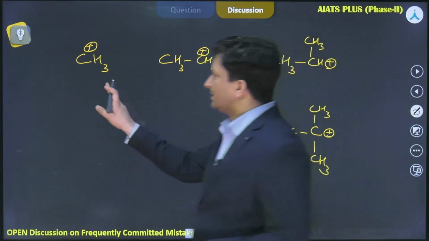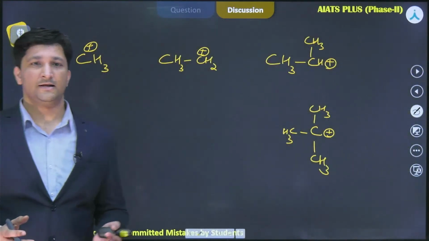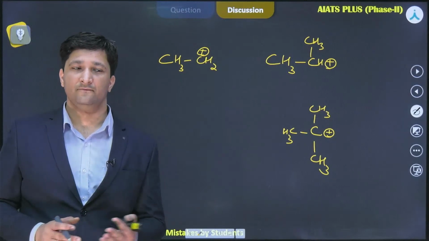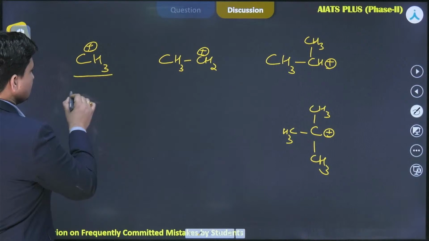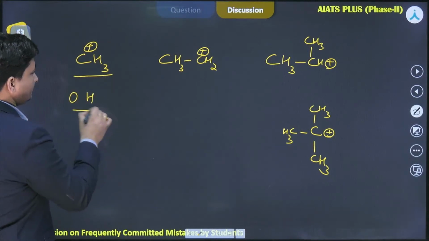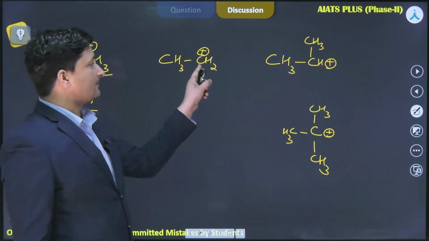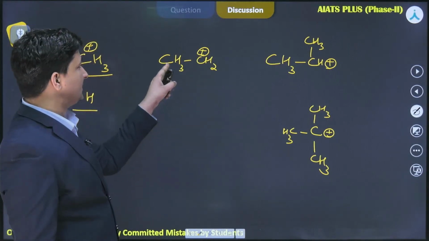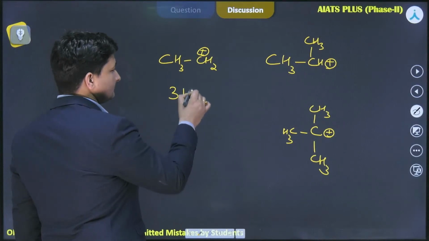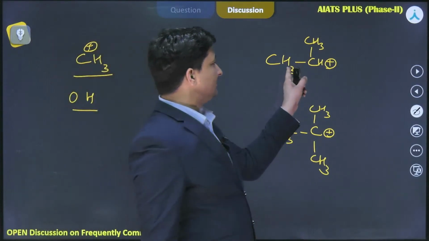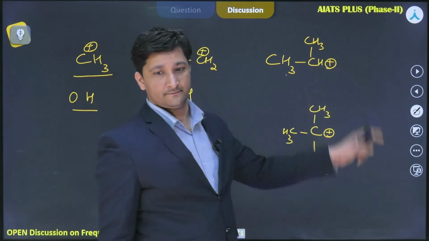You can see here that in CH3 plus, no other carbon is in the vicinity, so there are zero hyperconjugates. But with this carbocation, what is going to happen? It has 3 CH bonds, so 3 hyperconjugates are there. For this one, again 3 from this side and 3 from this side.